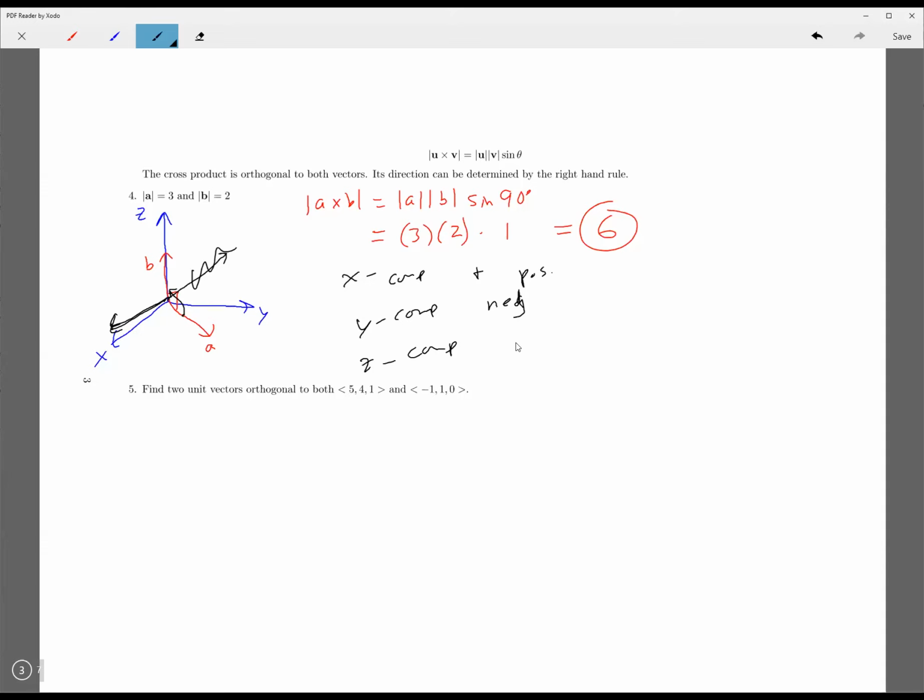And then the z component is going to be 0 because it's got to be orthogonal to this, and so that means that it's got to be 0. It's actually also in the xy plane.